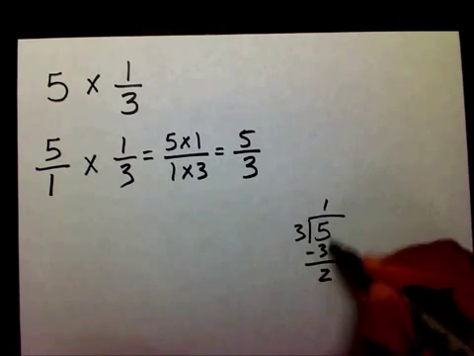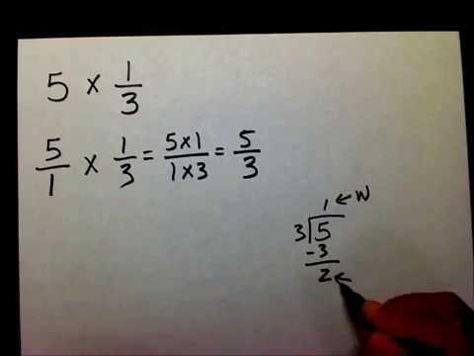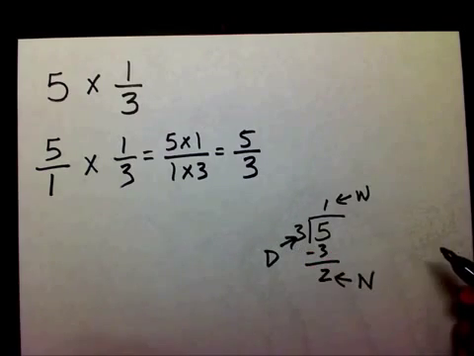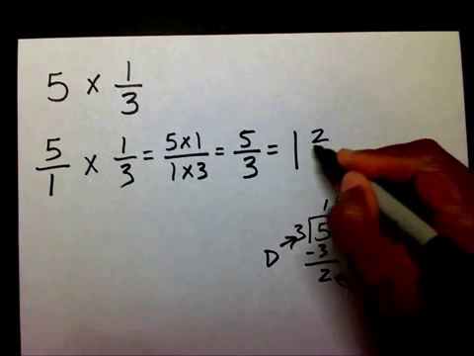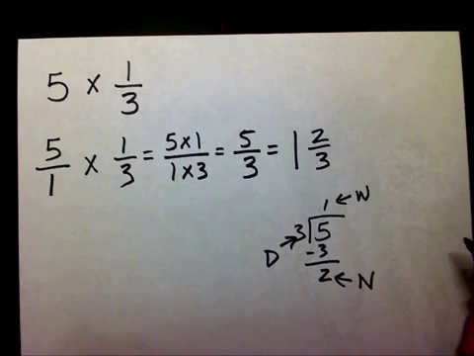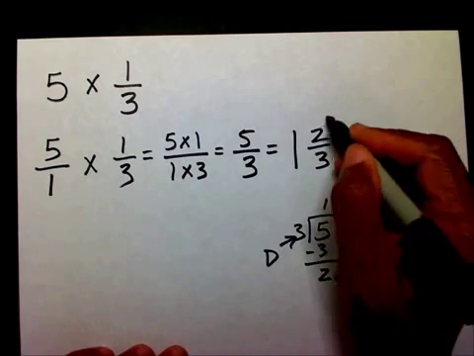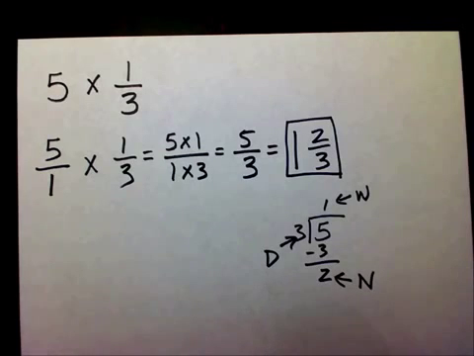This is my division. This is going to be my whole number. This is my numerator, and this is my denominator. So my answer is going to be 1 2/3. And I know for a fact that this is already in lowest terms. Alright?